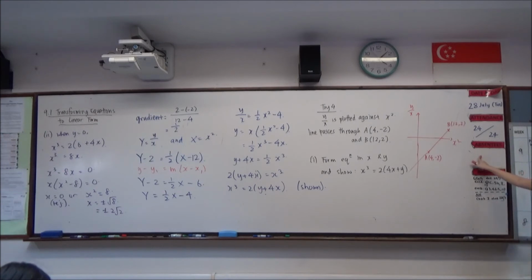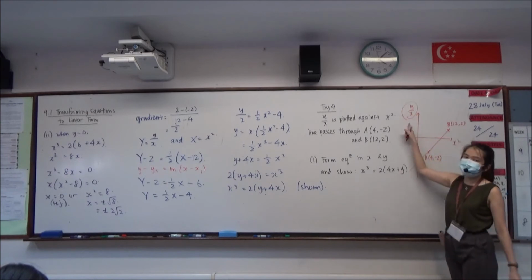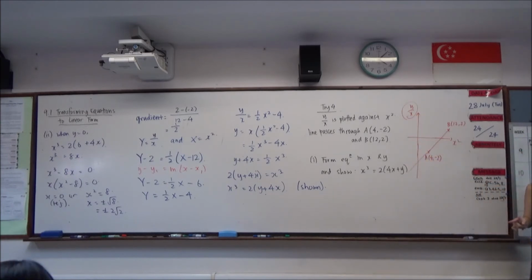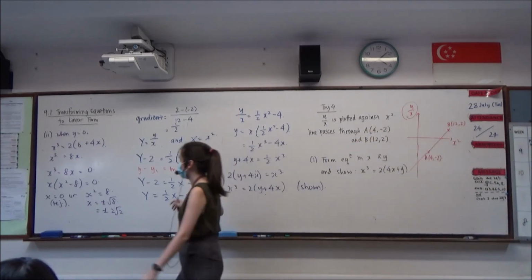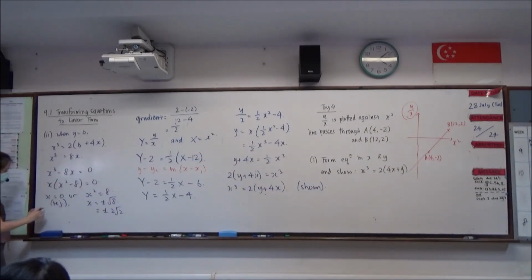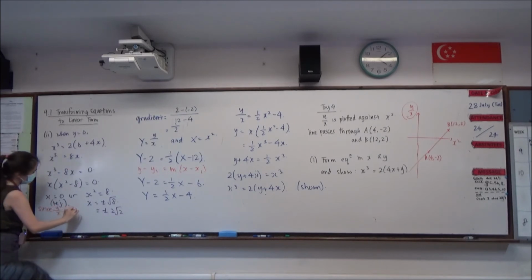The reason why we have to reject x equals 0 is because we are defining y over x over here. If my x were equal to 0, y over x can never be a number anymore. Do you understand? That's why this one will no longer be defined, and that's why we reject.